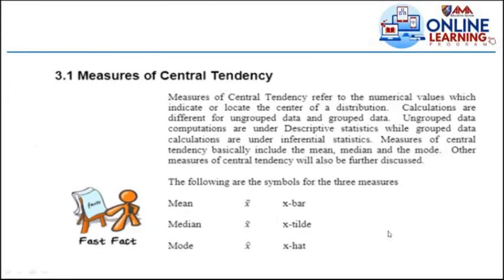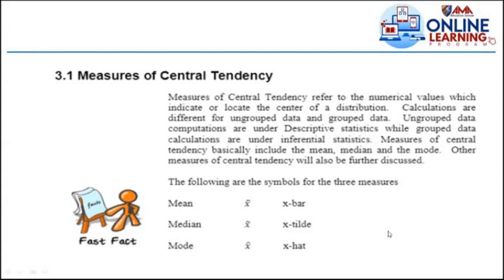So also we have measures of central tendency. Measures of central tendency refer to the numerical values which indicate or locate the center of a distribution. Calculations are different for ungrouped data and grouped data. Ungrouped data computations are under descriptive statistics, while grouped data calculations are under inferential statistics.